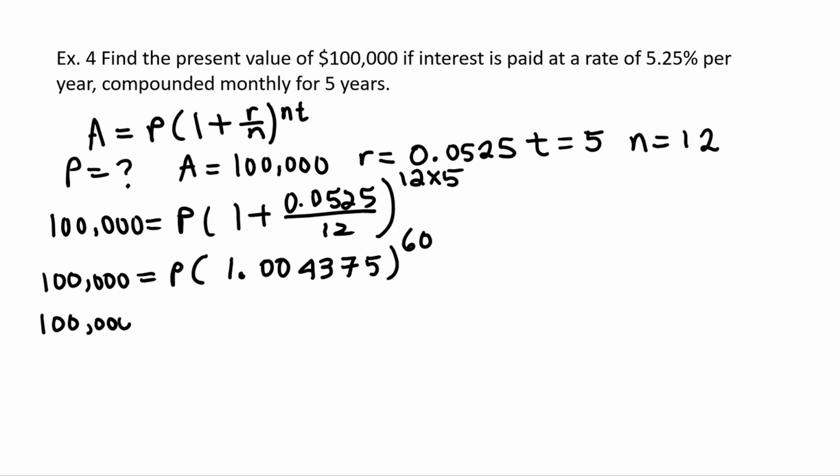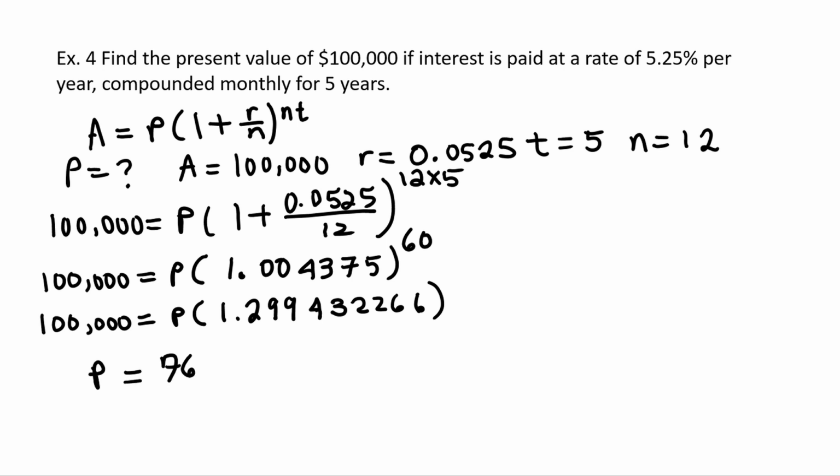So you have 100,000 equals P times 1.29943266. Now you can solve for P by dividing by 1.29943266 on both sides. And when you do, you'll get P is equal to 76,956.8533.